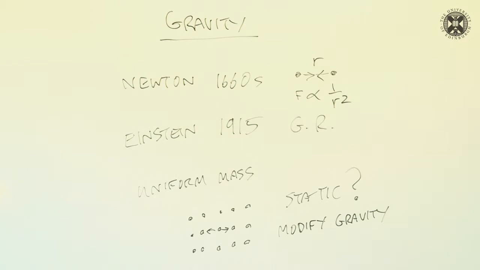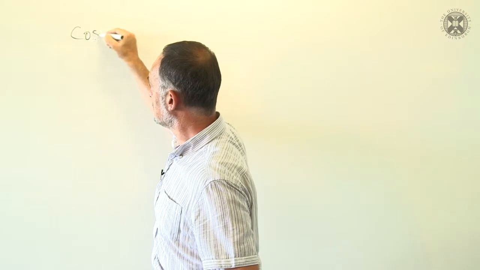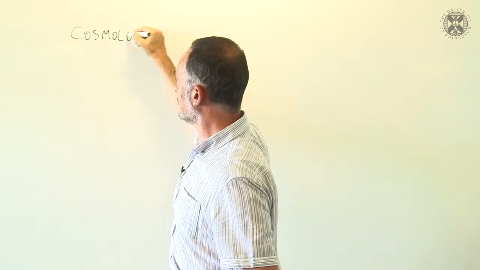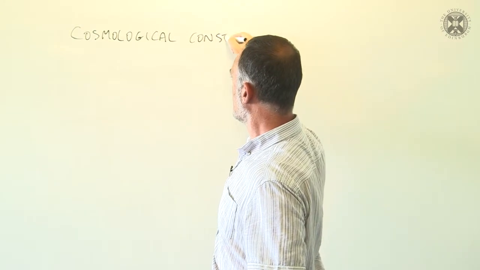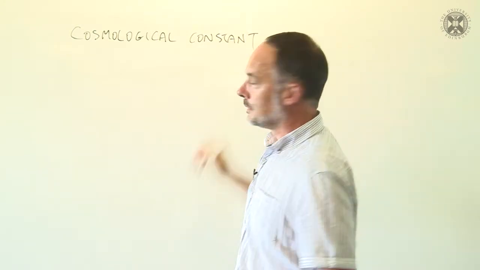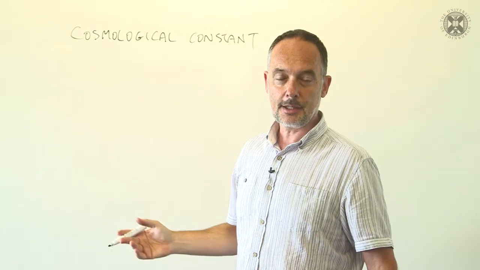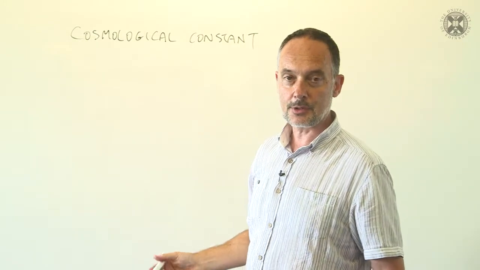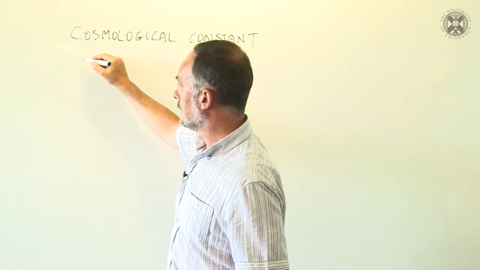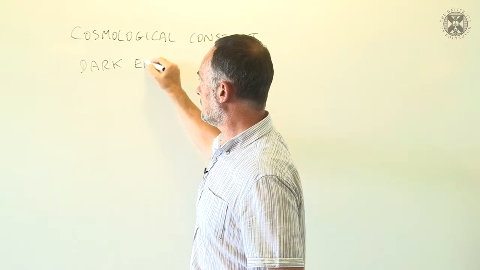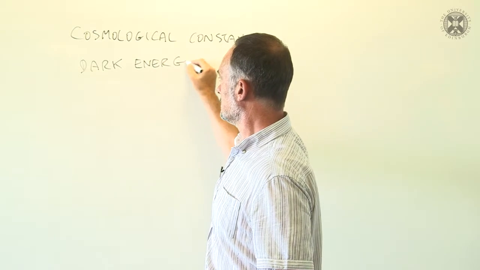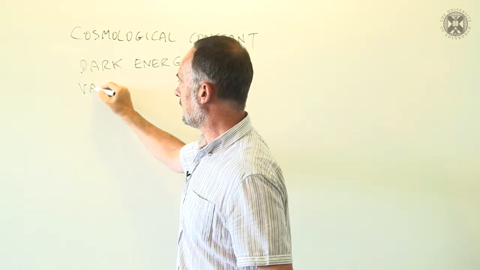The change that Einstein made to the law of gravity was to introduce a thing he called the cosmological constant. We use different names today for the same thing, although it's still very much a feature of modern cosmology. The most common one would be dark energy, or sometimes vacuum energy.